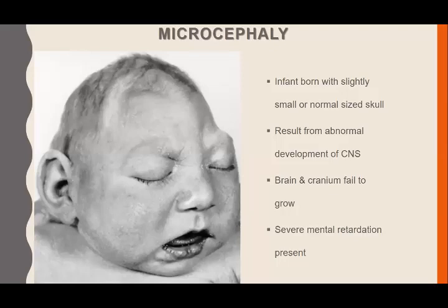Okay, we have a condition called microcephaly in which the skull does not grow because the brain fails to grow. So this is as far as the development of the skull is concerned. I will not be giving you this topic in the test.